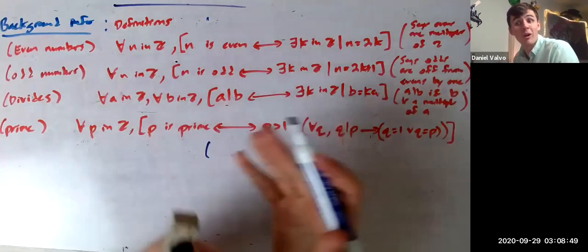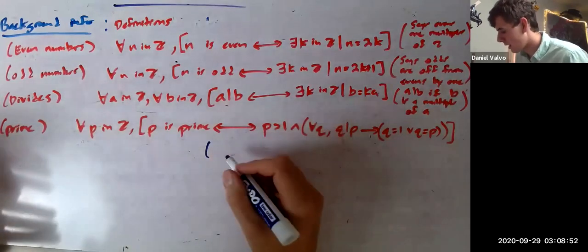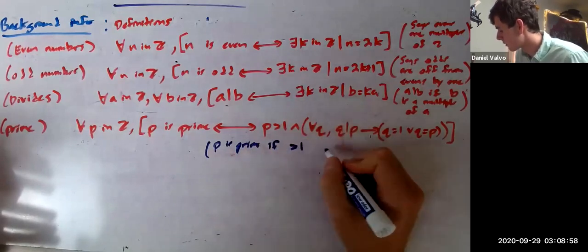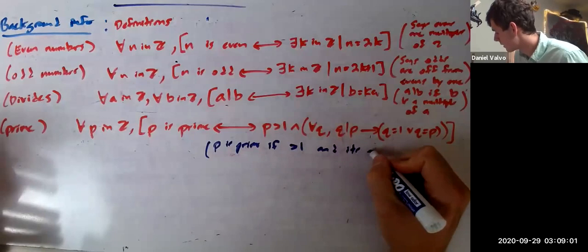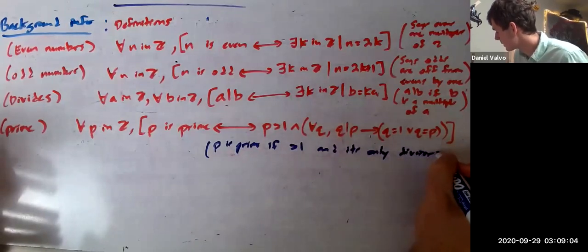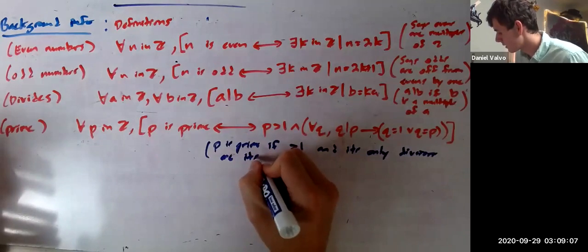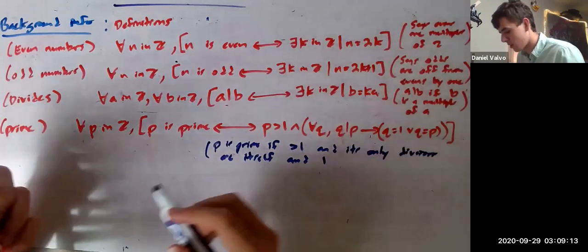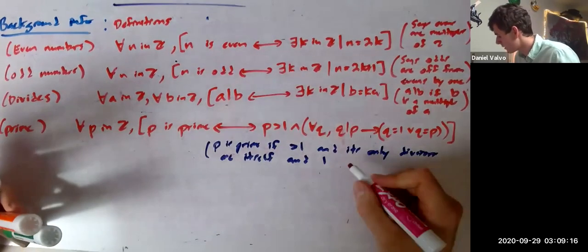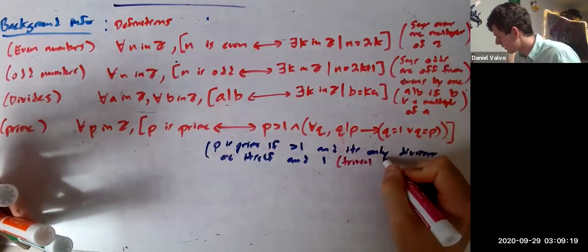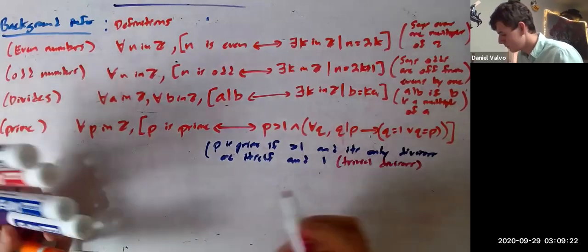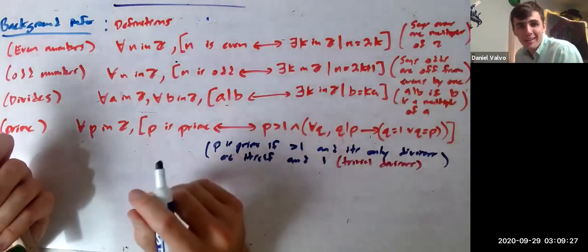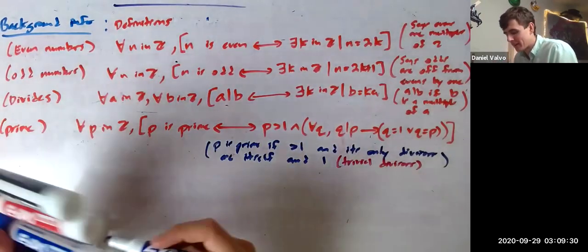So p is prime if greater than 1 and its only divisors are itself and 1. And these, by the way, are called trivial divisors, just because, obviously, any number divides itself. 1 divides any number. So it's trivial.